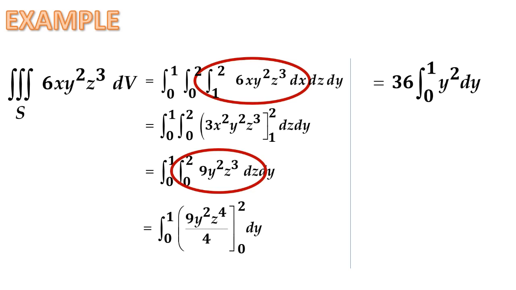Again, using a basic rule of integration, we can easily evaluate this to 36 times y cubed all over 3 evaluated from 0 to 1, hence we will have 12. So this means that the triple integral of the function 6xy squared z cubed over the given rectangular solid S is equal to 12.